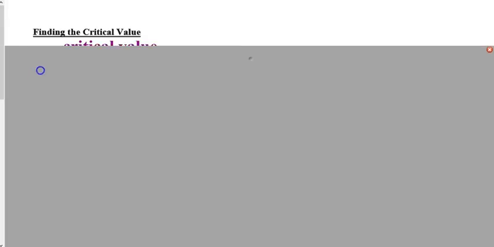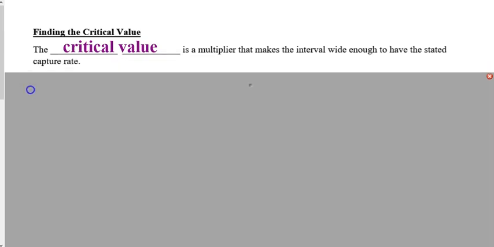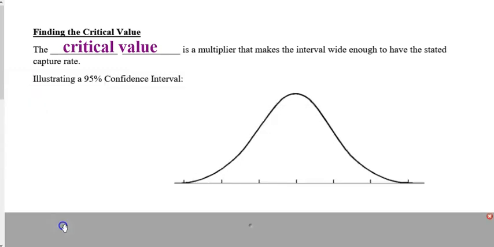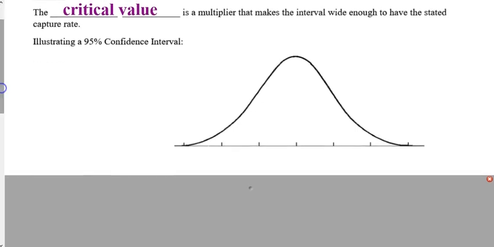All right. Finding the critical value. So the critical value is a multiplier that makes the interval wide enough to have the stated capture rate. So it says illustrate a 95% confidence interval. Okay, so just do your best to draw a nice little normal distribution. Now, it says, right, 95%.